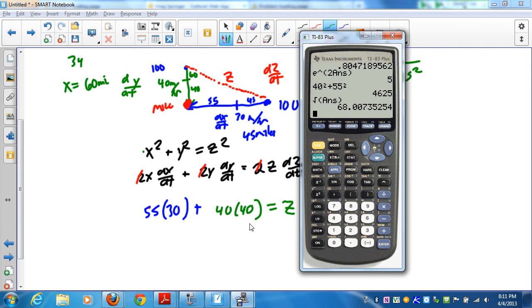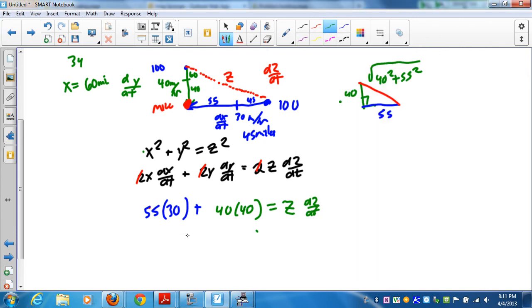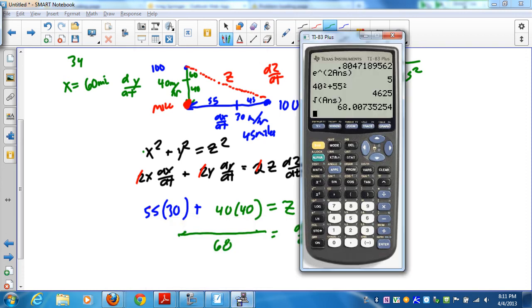So we just crank these out on the calculator and divide by 68. And that should tell us dz dt. So let's see if we can scoot this over a little bit.